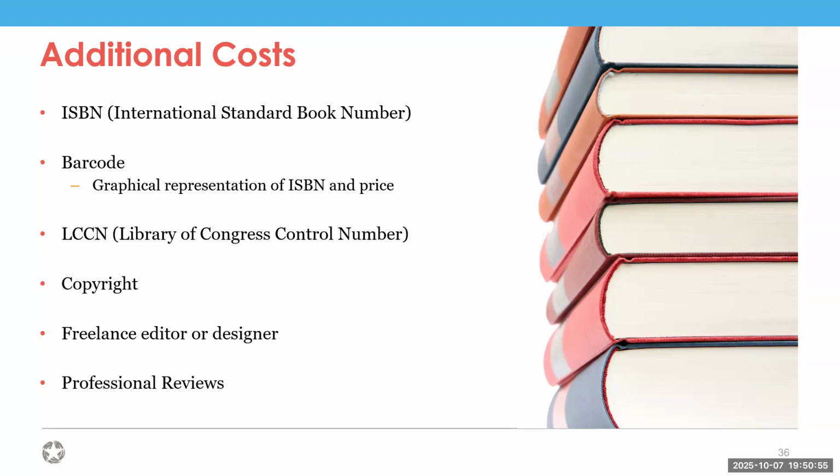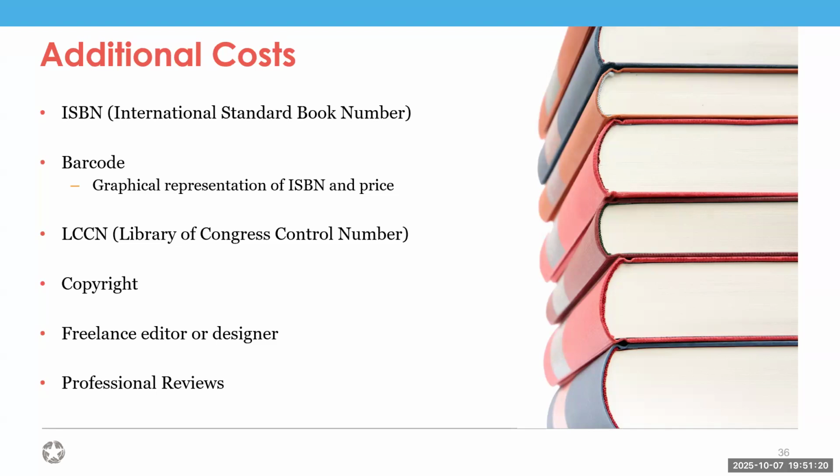Some of the places where you can pay for professional reviews is Kirkus Indie Reviews. We have a note here that a traditional review is $425 for Kirkus Indie Reviews. So you've got some financial outlay there.